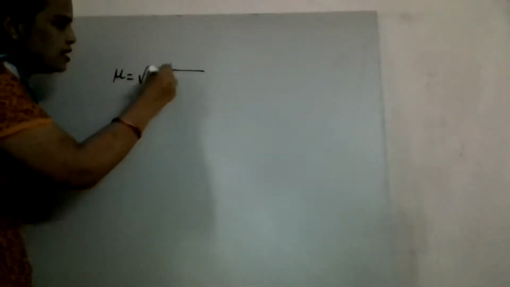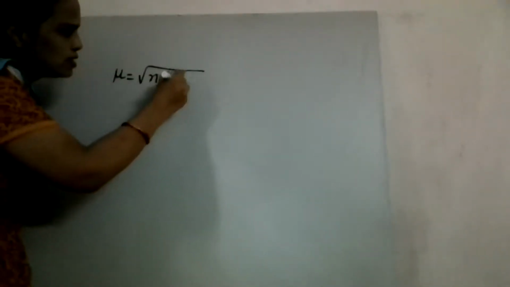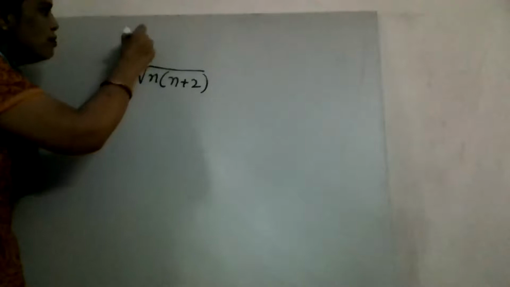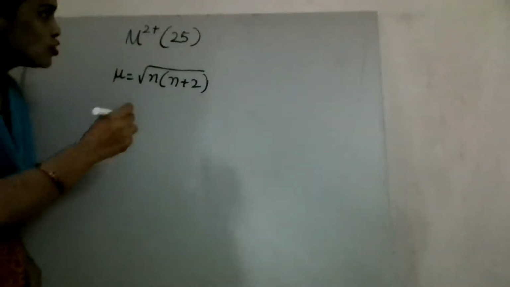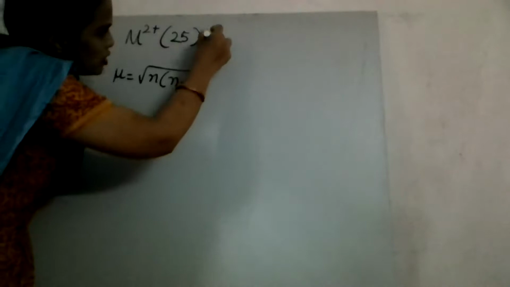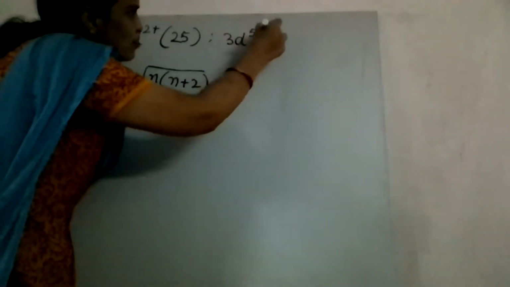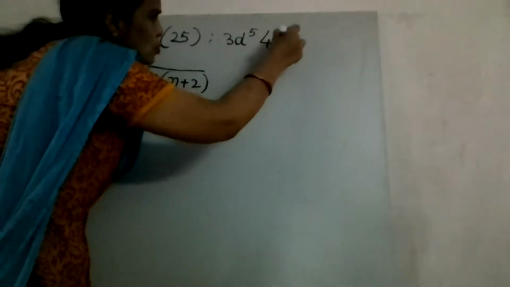So see here, mu equals root over n into n plus 2. So you need to calculate the value of n there, Mn in +2 state, and its atomic number is 25. Okay, so when you write the electronic configuration of this, it comes out to be 3d5 4s2.